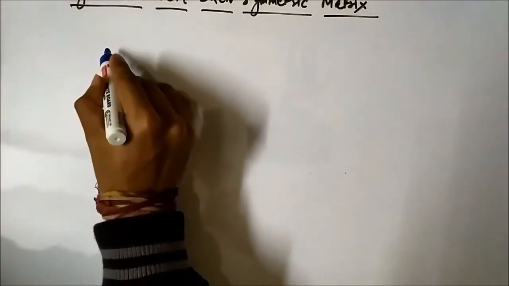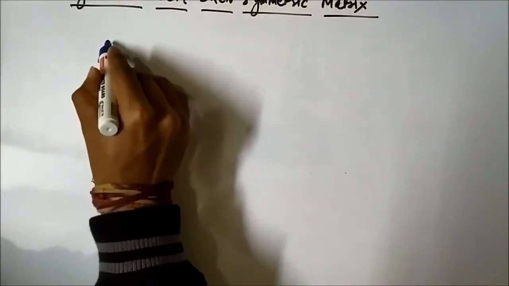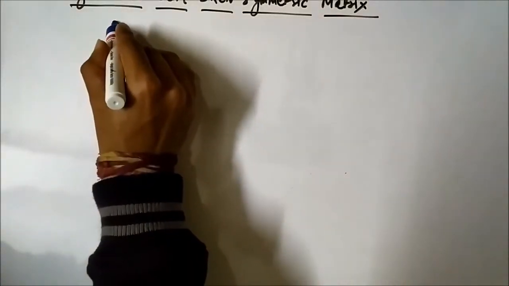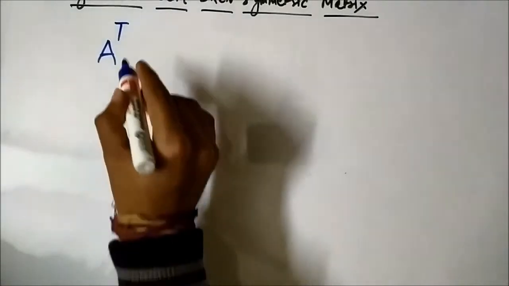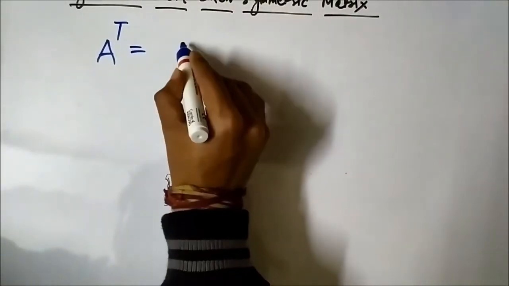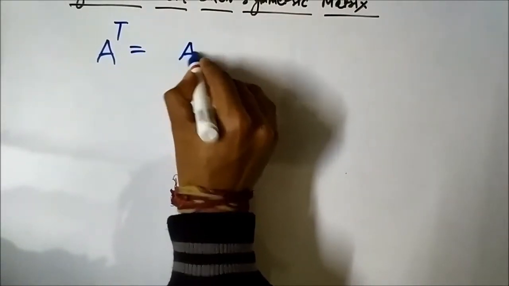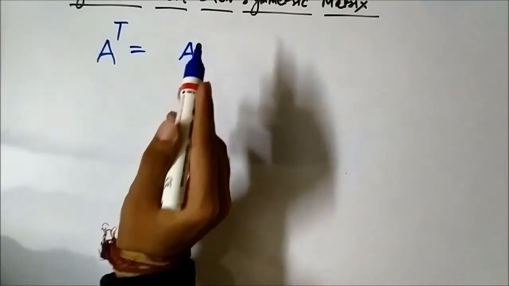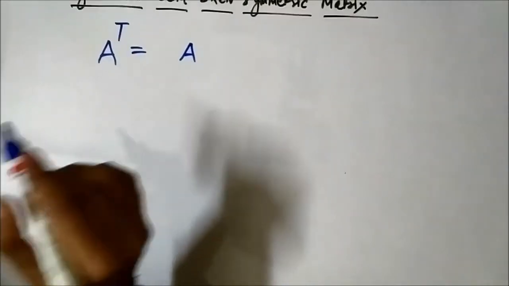Now let us discuss the skew symmetric matrix. We have already discussed the symmetric matrix. Let us say we have a matrix A. This matrix A will be called skew symmetric if the transpose of the matrix gives us the matrix A again, but with a slight modification.